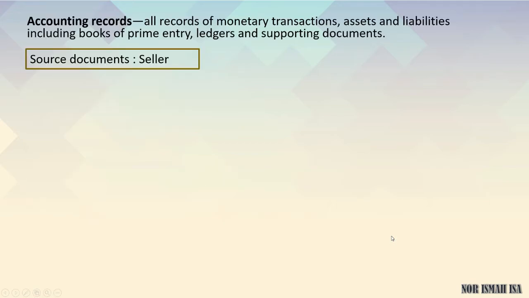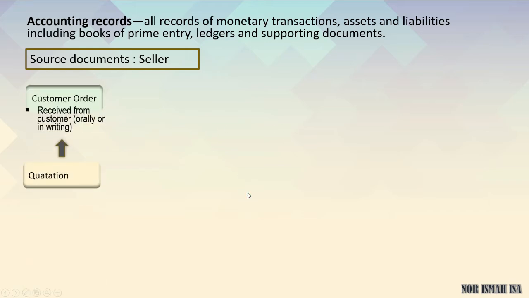First, we are going to discuss the source documents related to goods sold by the seller. From the quotation given by the seller, the customer will make an order, orally or in writing, and then the customer will place the order through a sales order.